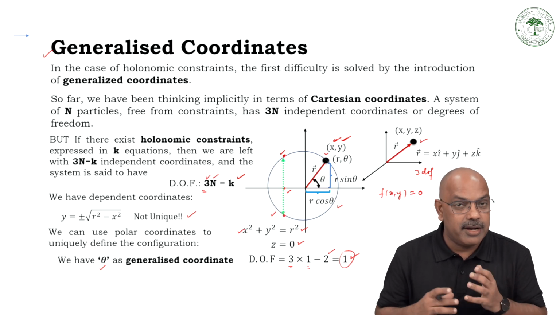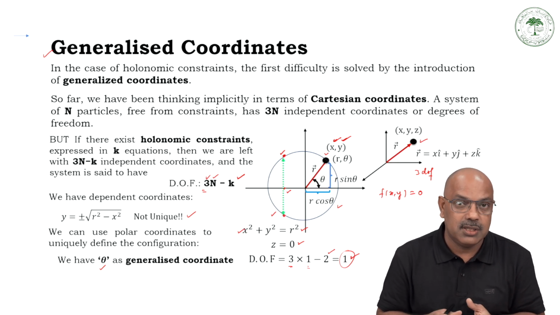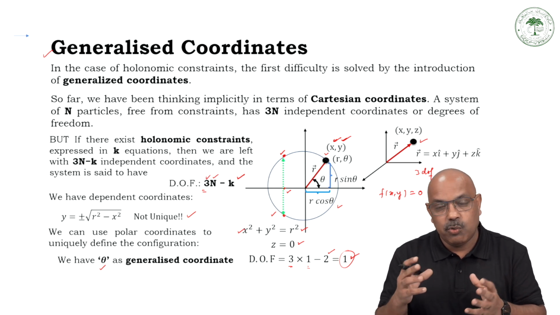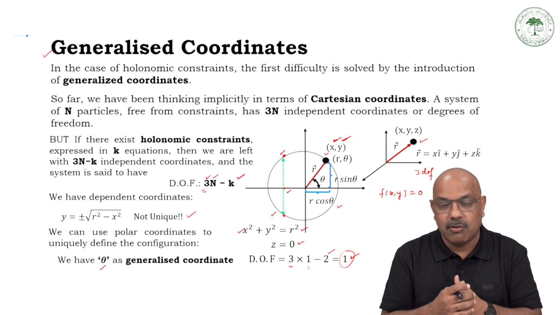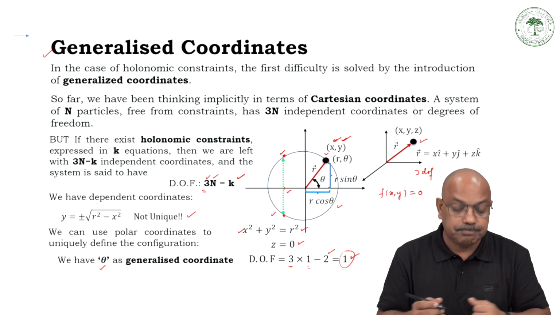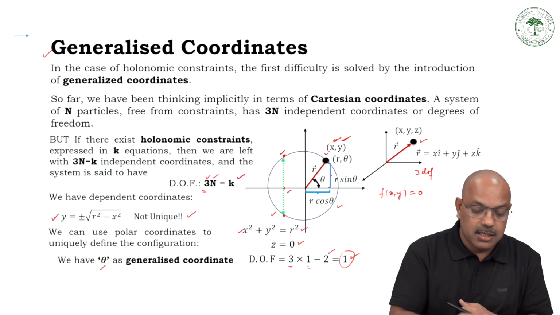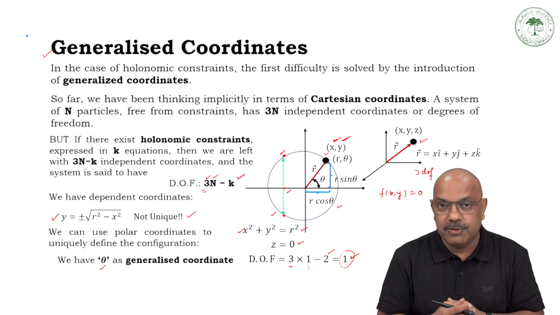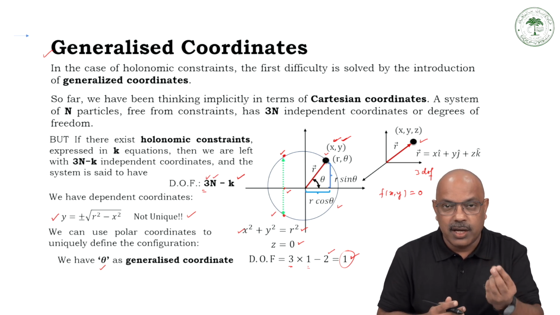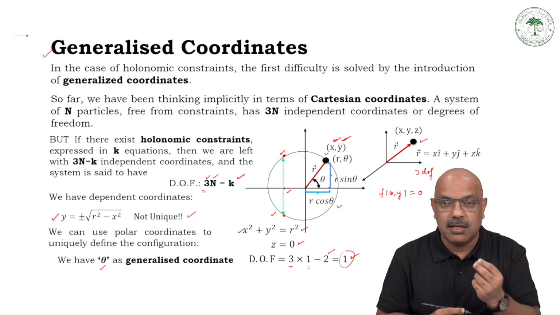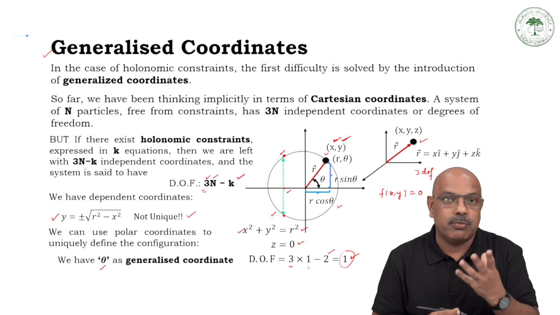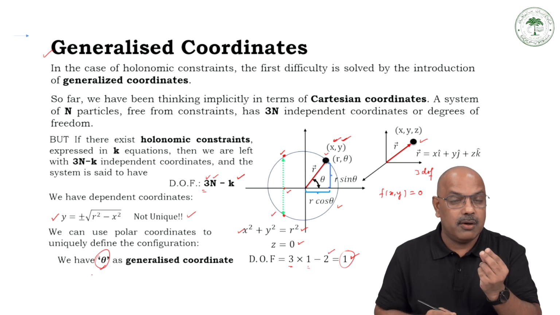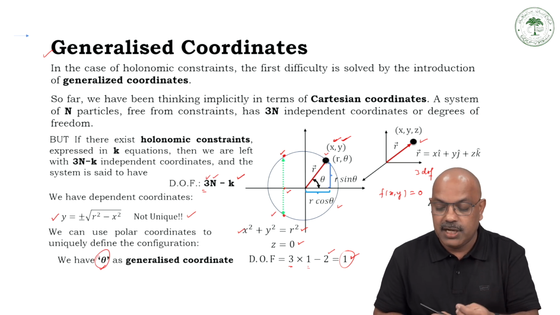So when you apply a constraint, it restricts the motion as well as complicates the situation, and the coordinates specifying the configuration are not independent, they are dependent. So we are trying to figure out the one coordinate through which we can define the system, and that has to be unique. In this case, theta comes out to be a coordinate which completely defines the system.